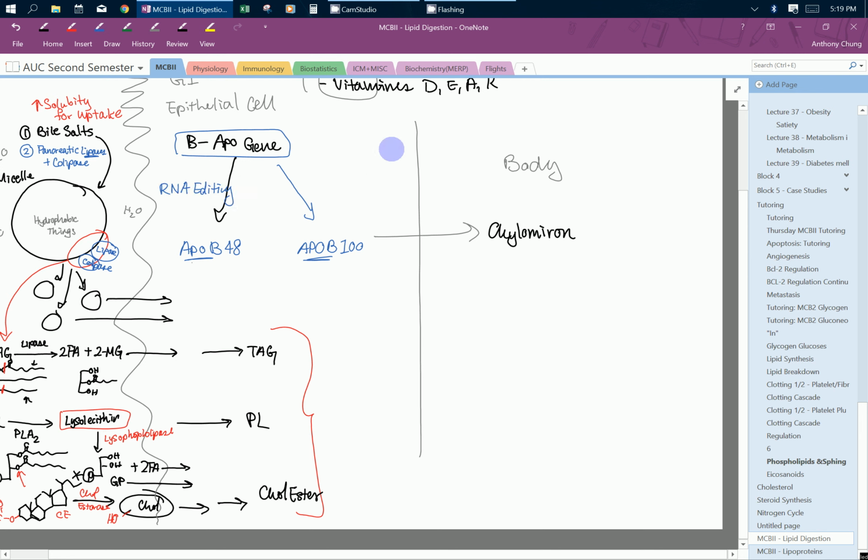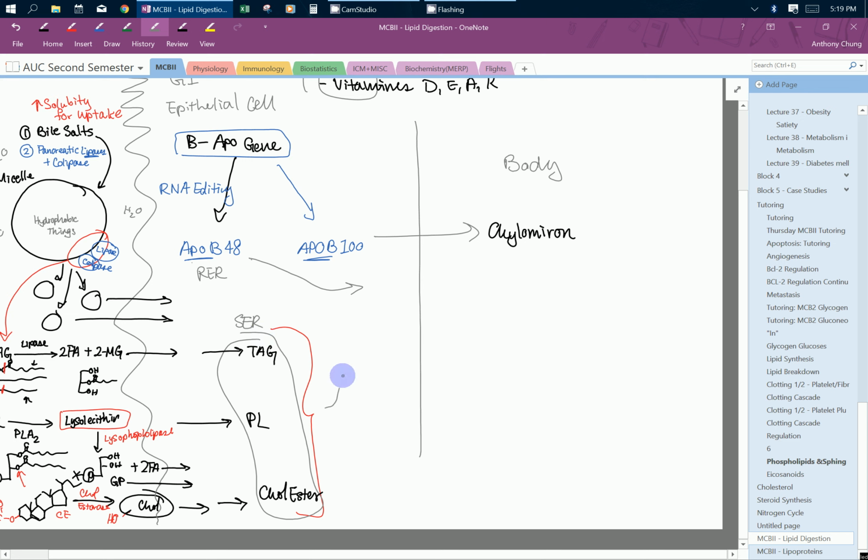Okay. So now to assemble the chylomicron, you have this ApoB48 made in the rough ER. And then all these are getting taken up and repackaged in the smooth ER. And so all these products will have to get transported into a chylomicron along with the ApoB.